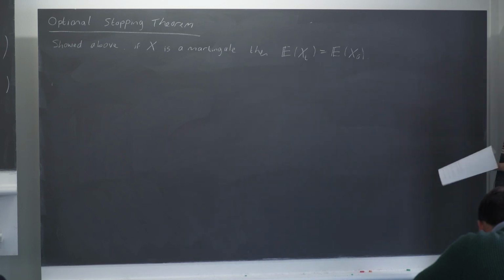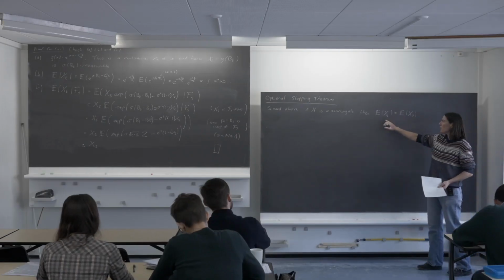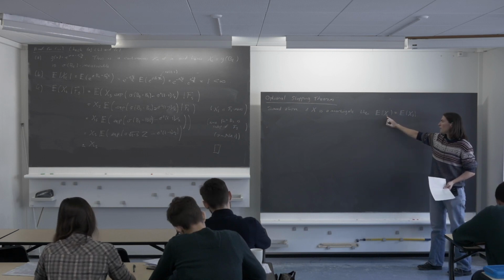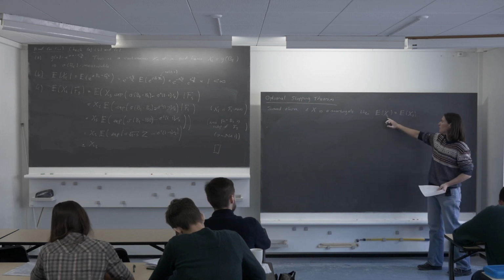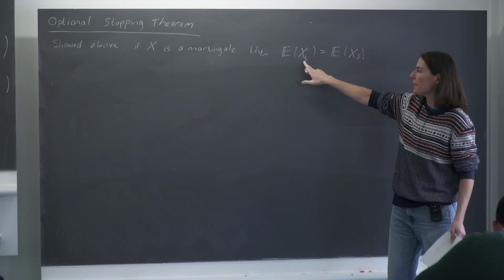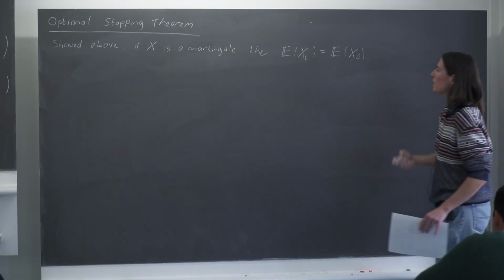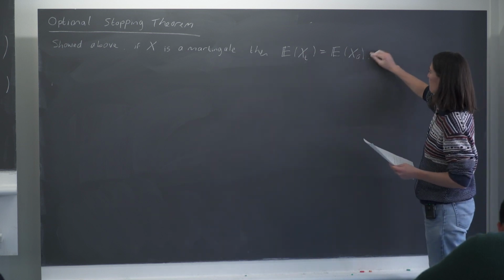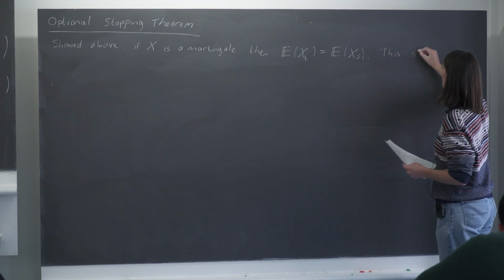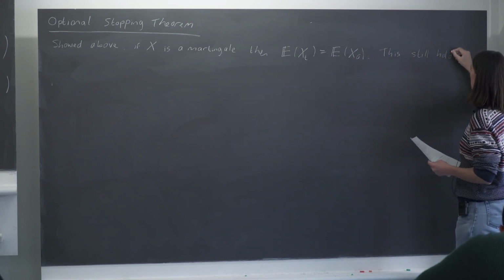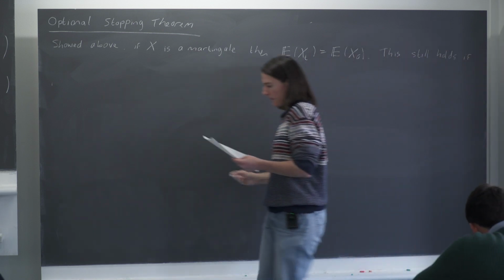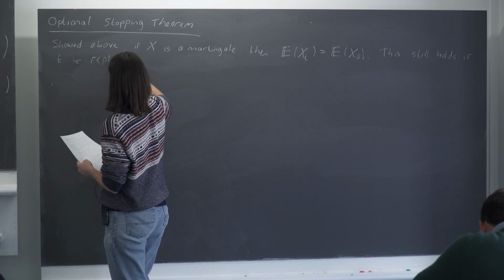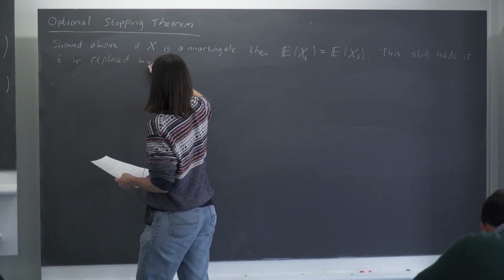And it turns out one of the useful properties of martingales is that this is true if we can replace t by a stopping time, not just any stopping time, but a particular kind of stopping time. So this is true for any deterministic t, but we can actually replace t by random t's, which are stopping times with one additional property. So this still holds if t is replaced by certain stopping times.